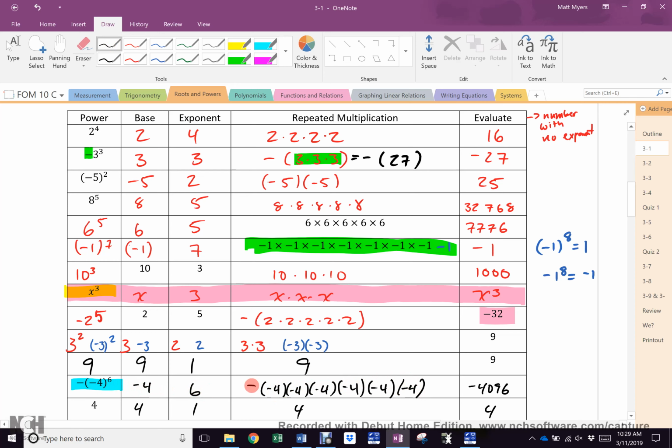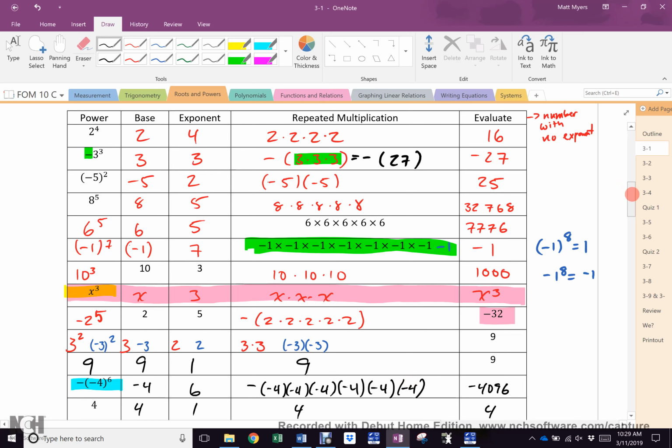But at the end of it all, it's negative. So that negative has to come back at the end. Everybody cool? Because the base was negative 4. The brackets are around each one to show that the base also repeats. Everybody good? That's all of grade 9 on one page for exponents. Is everybody good? Everyone's solid.